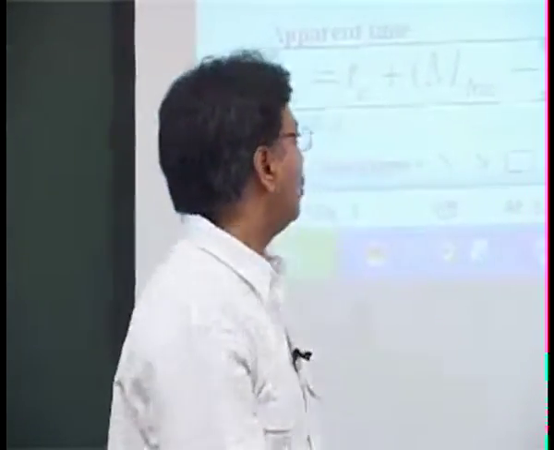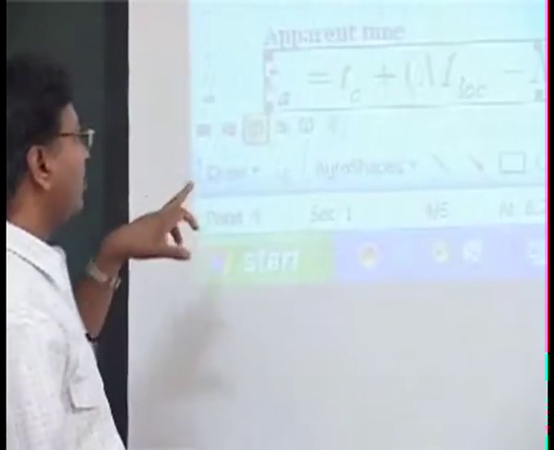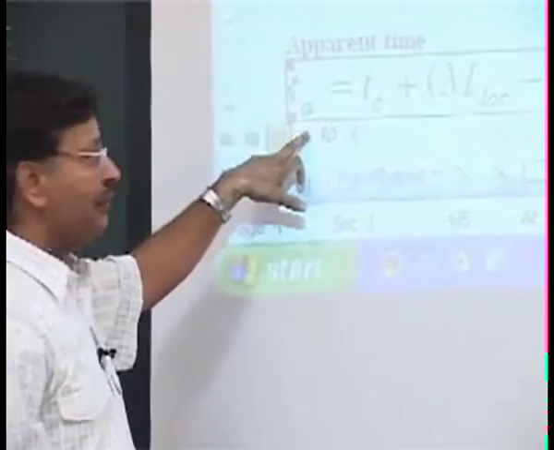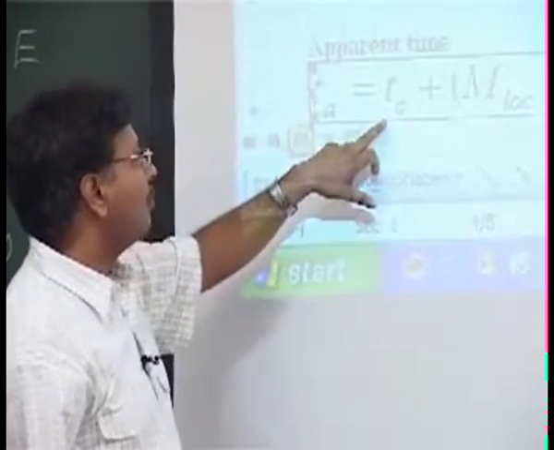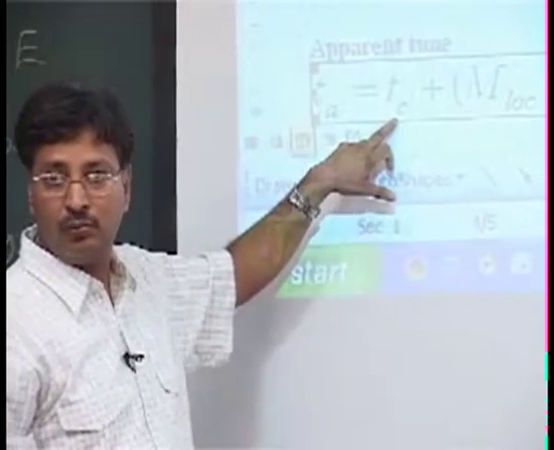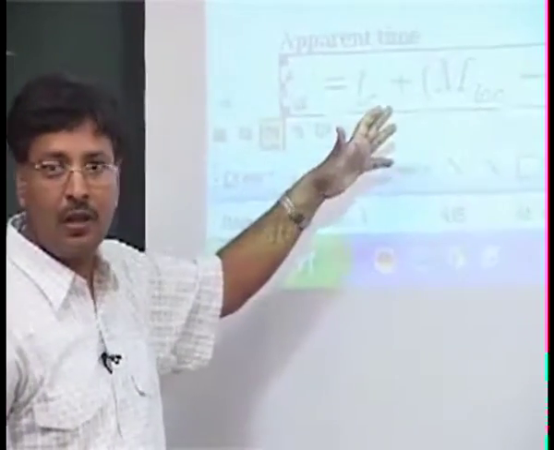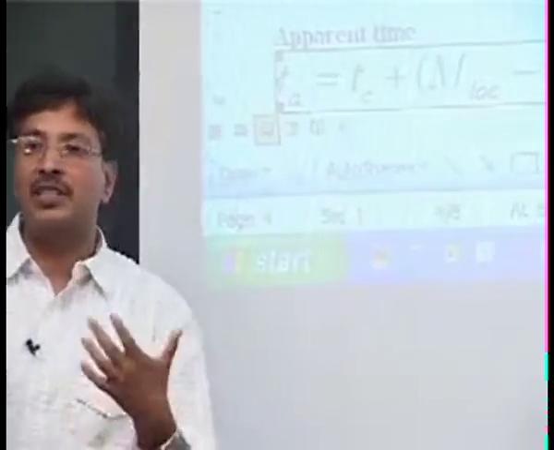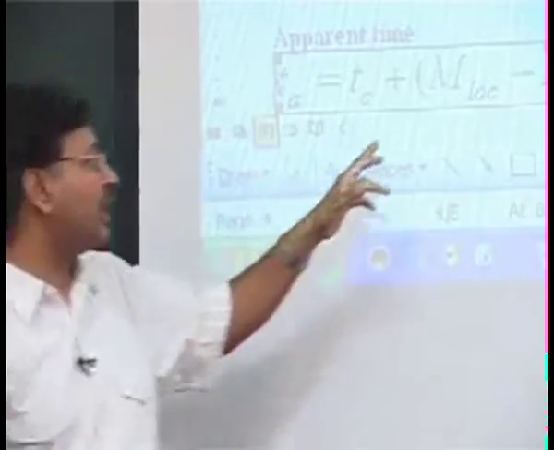So what you see here is the apparent time. This is the time, whatever time you are referring to, suppose 11 o'clock, but this 11 o'clock is based on the standard time. This must be corrected based on your local meridian, and this should also be corrected based on the Julian day, because solar radiation will depend on the sun's position.